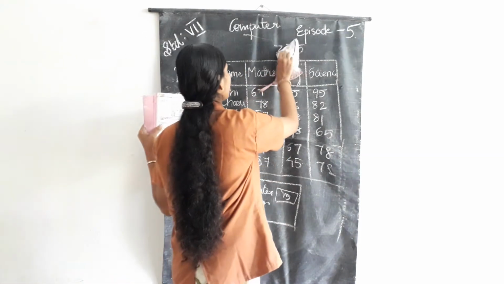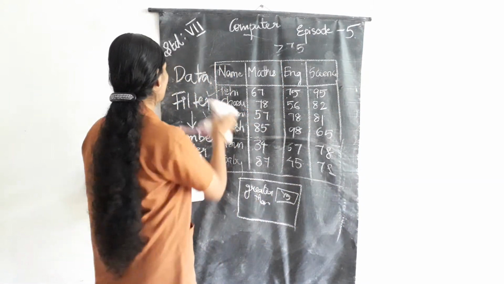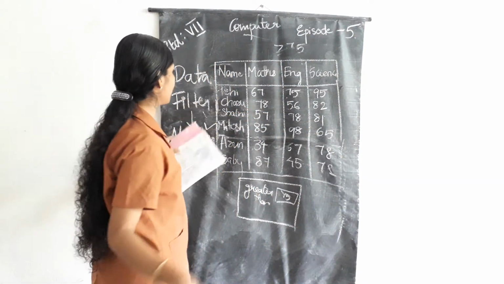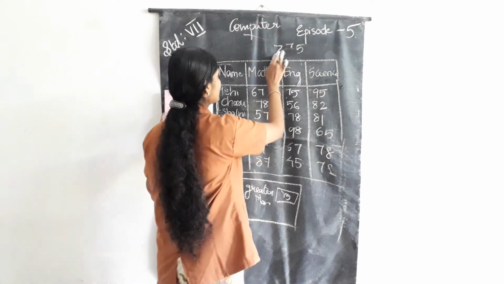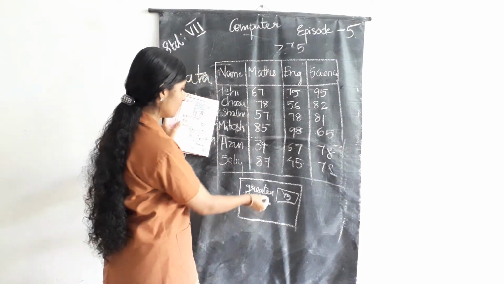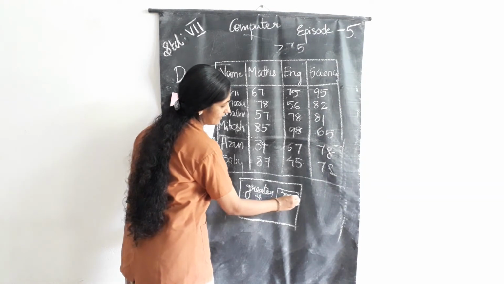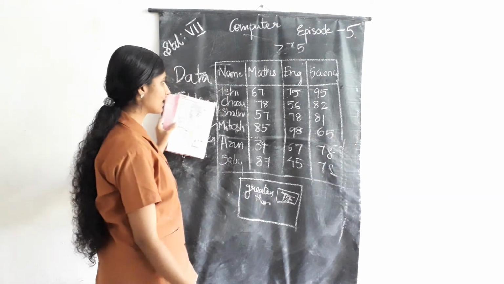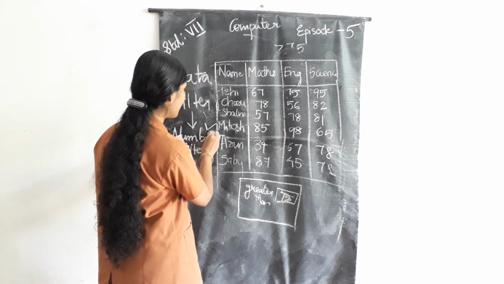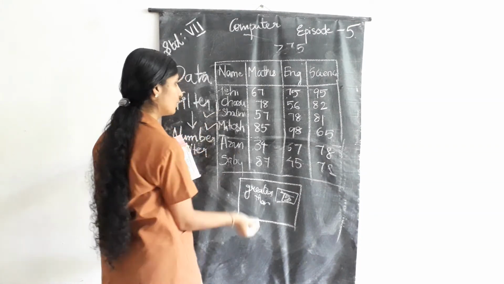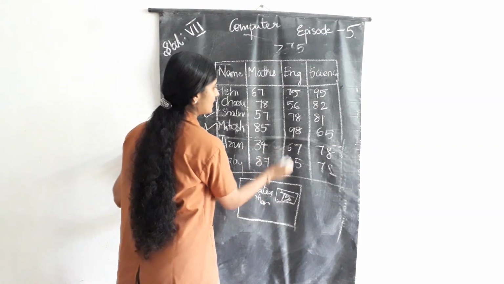Here, more than 75, so we cannot say Ishi. That means the question is more than 75. So here greater than, and write the number 75 in the text box, and finally we will get the answer: Nidesh and Shalini, who scored more than 75.